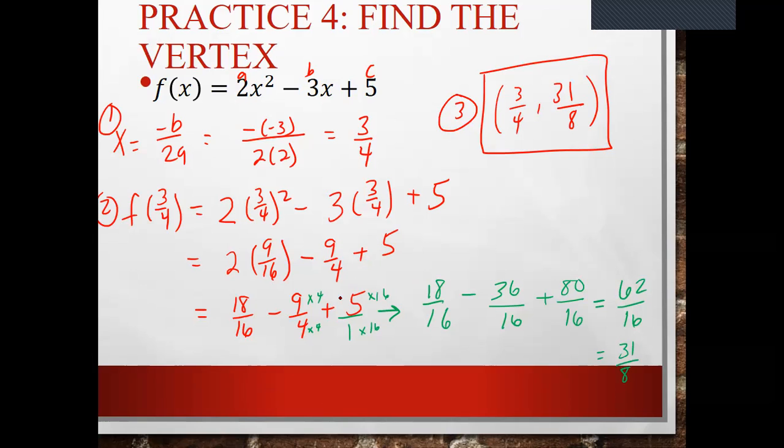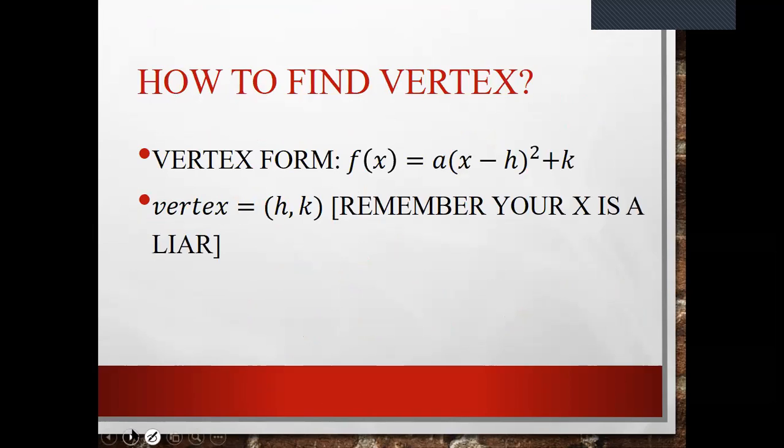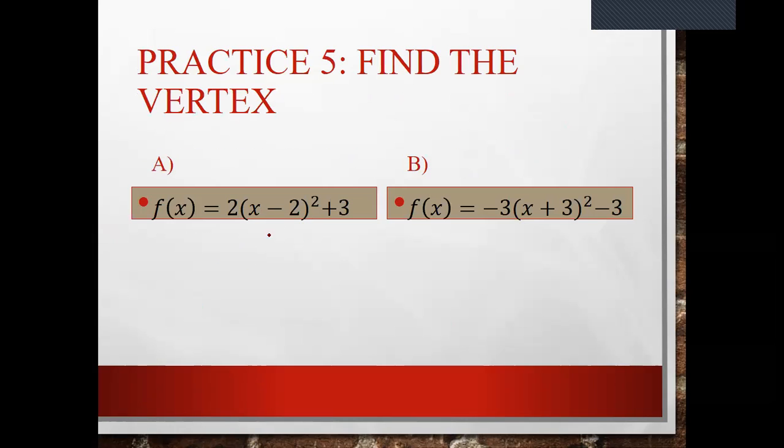Questions, comments, concerns? No? All right. Now, finding the vertex in vertex form is super easy. You just look at your H and your K. Whatever they are, that's your vertex. Just got to remember your X is a liar. So, vertex, what would it be? 2, 3.